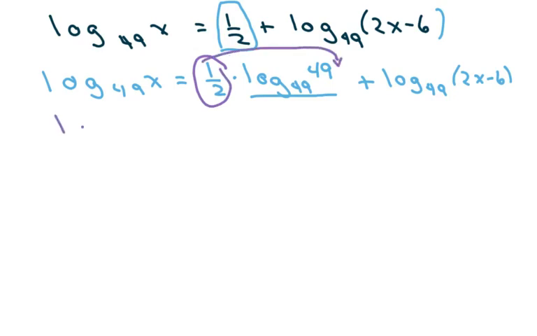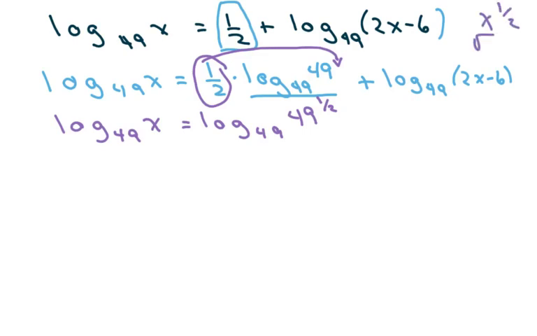So I'm going to have log base 49 of x equals log base 49 of 49 to the 1/2. Now remember, x to the 1/2 is the same as the square root of x. So basically that's going to be the square root of 49, which is 7.